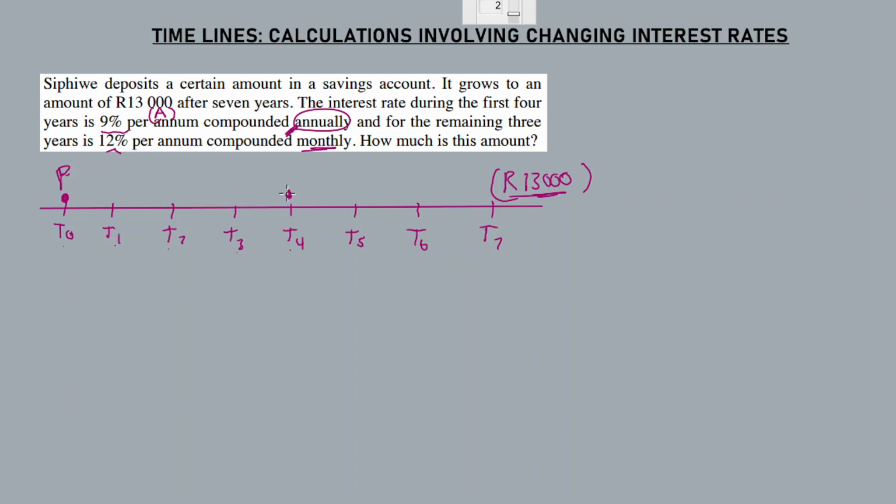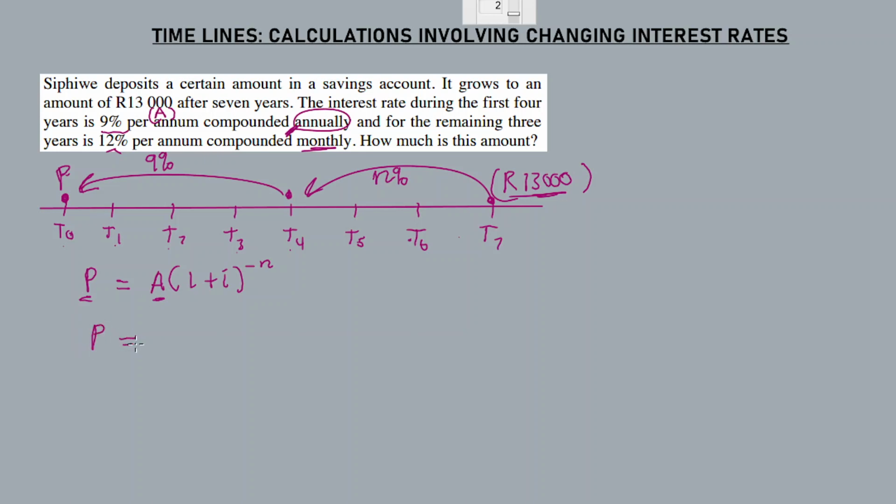Now, to calculate P, I have to go back again: 9% for the first 4 years, and then for the remaining 3 years, 1, 2, 3, going back at 12%. So P equals A times 1 plus i raised to the exponent minus n. Instead of having n as a positive, you have it as a negative. P and A switch positions.